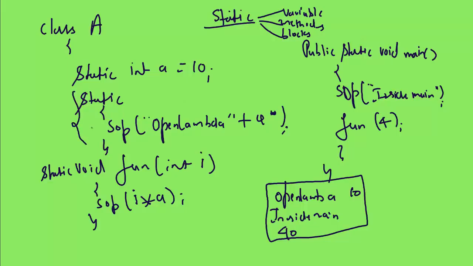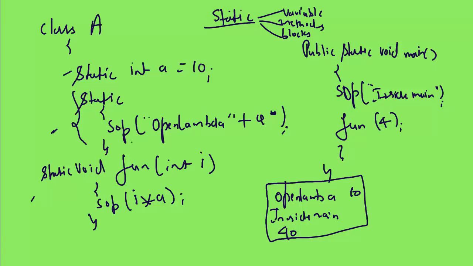When I load a .class file into the JVM, all the static members come into life even before the main method starts the execution. Among the static members, first the static variable comes into life, then the static method, then the static block executes. The static block doesn't reside anywhere; as and when the class gets loaded, it is executed.